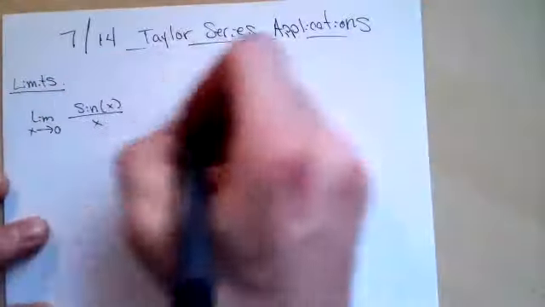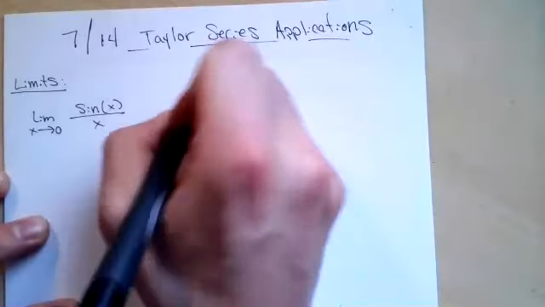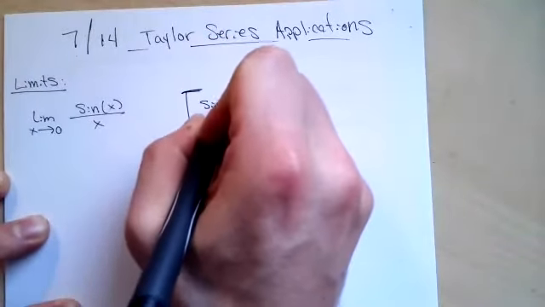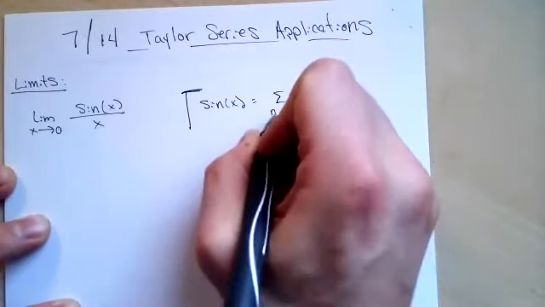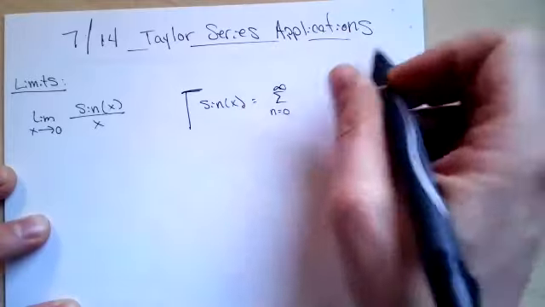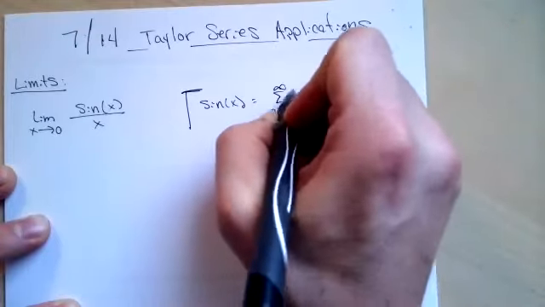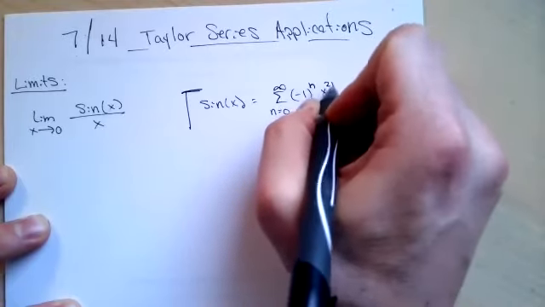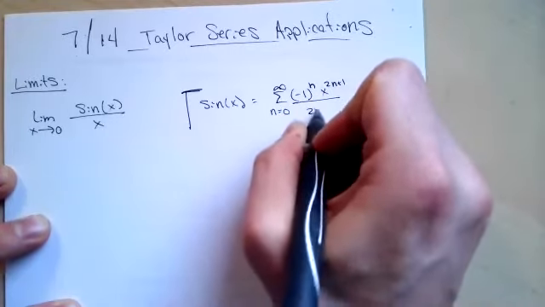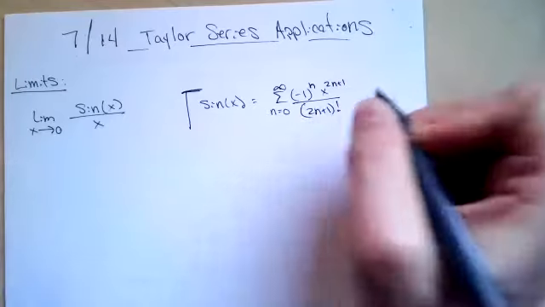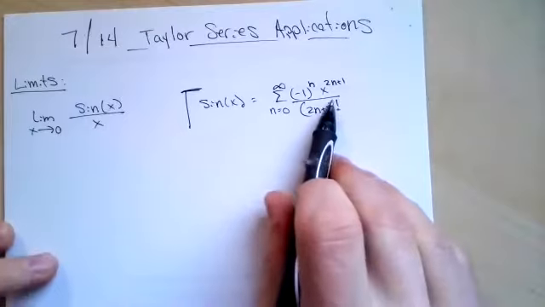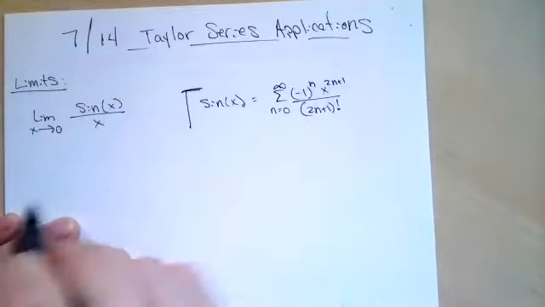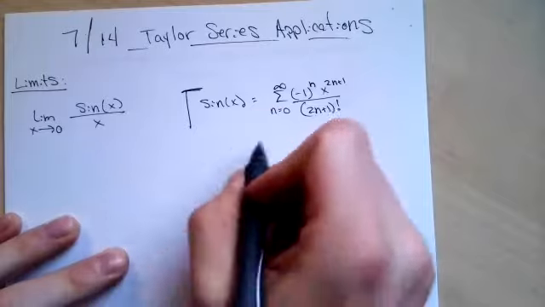The other thing we could do is note that our sine of x, since it has a nice Taylor series, we notice that sine was an alternating series of the odd powers of x with an odd factorial.